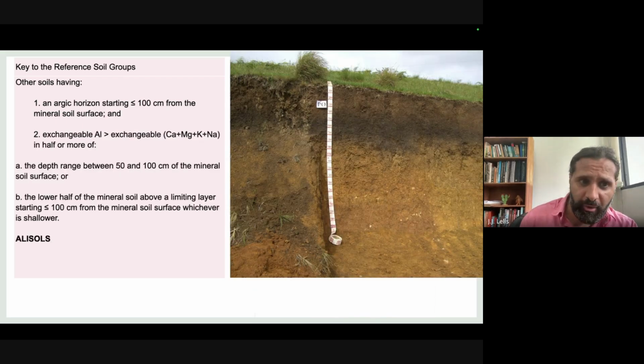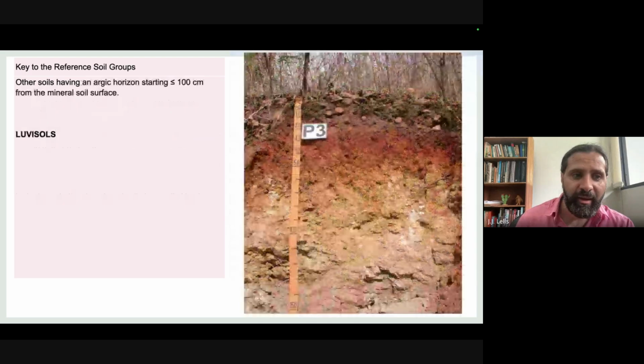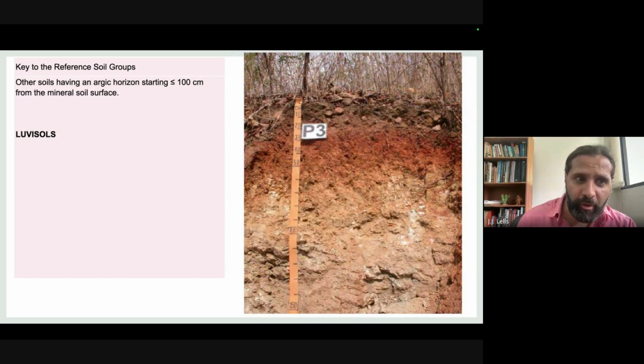Alisols: argic horizons, higher content of exchangeable aluminum than exchangeable bases, and high activity clays. And the last one, luvisols: argic horizon, high activity clays, and a higher content of bases when I compare with exchangeable aluminum. Okay, so we can see these differences between them.